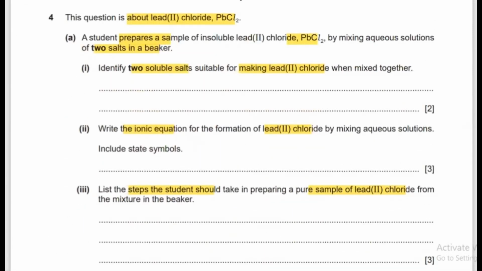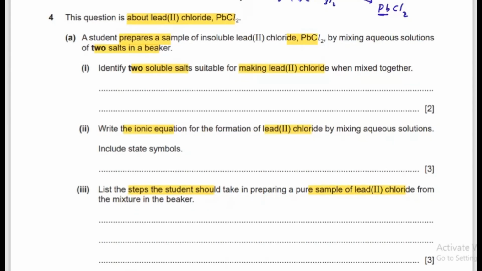This question is regarding salts. Lead 2 chloride. A student prepares a sample of insoluble lead 2 chloride, PbCl2, by mixing aqueous solutions of 2 salts in a beaker. Identify 2 soluble salts suitable for making lead 2 chloride. If you are making lead 2 chloride, you have to remember the solubility of salts. All nitrates are soluble, so first pick the nitrate of the metal.